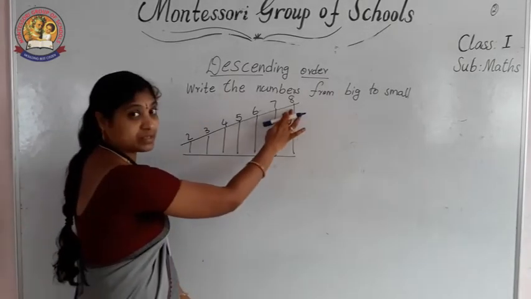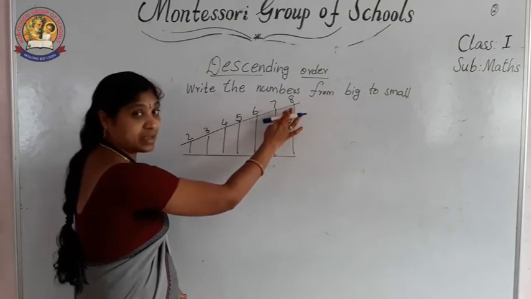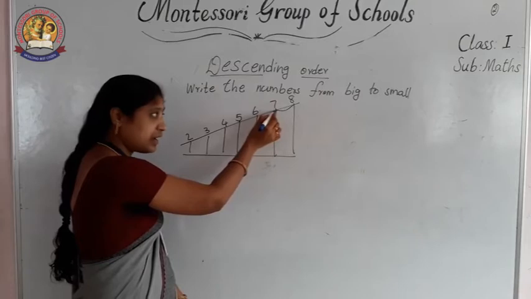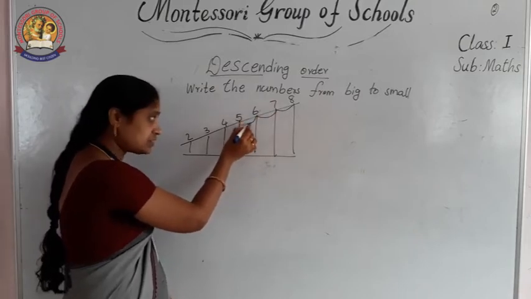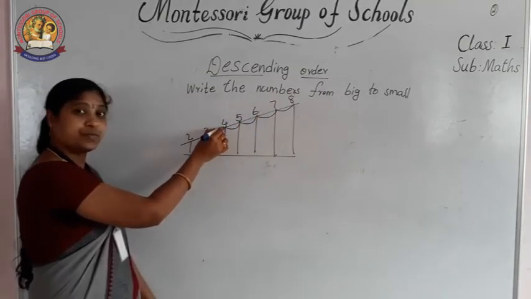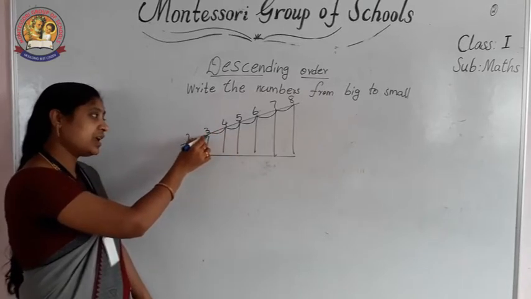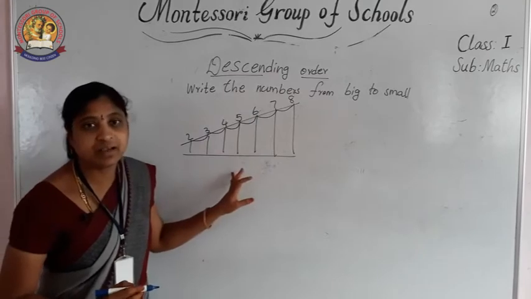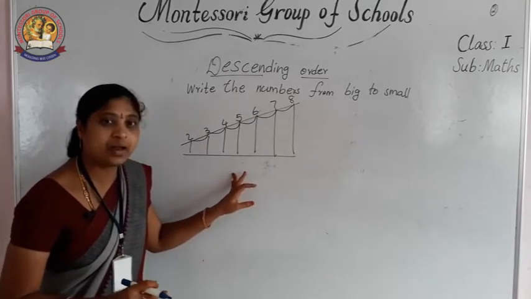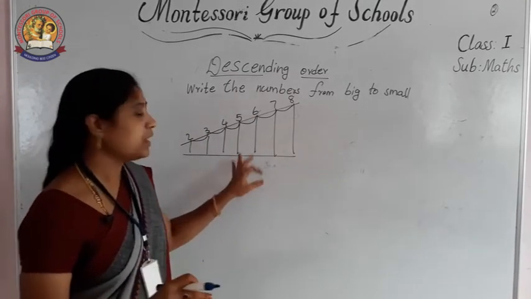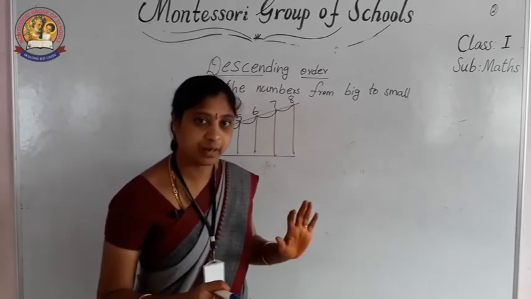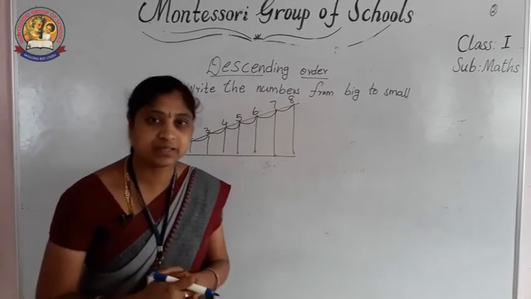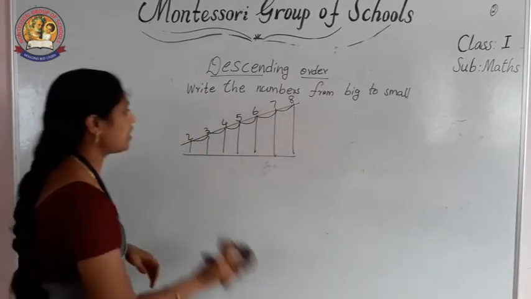First, which number is the big number? 8 is the big. Next 7, next 6, next 5, next 4, next 3, next 2. This order is descending order. In descending order, write the numbers from big to small.